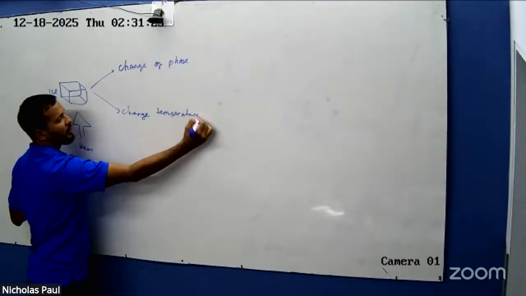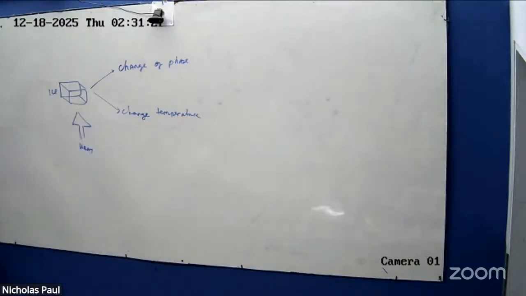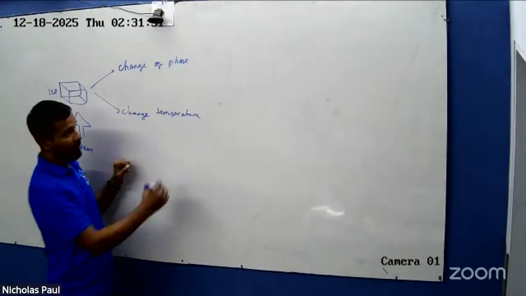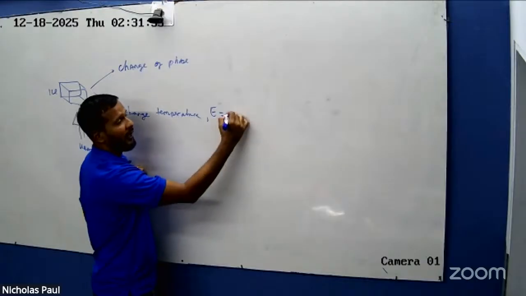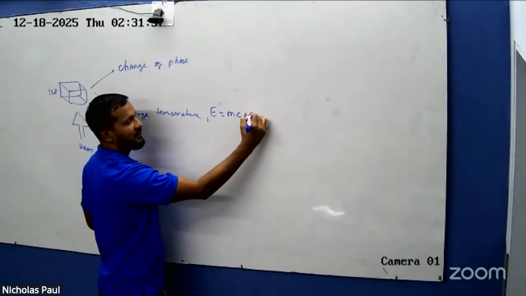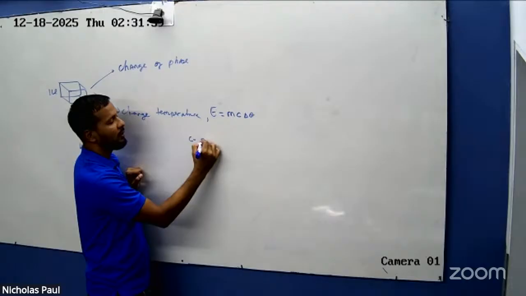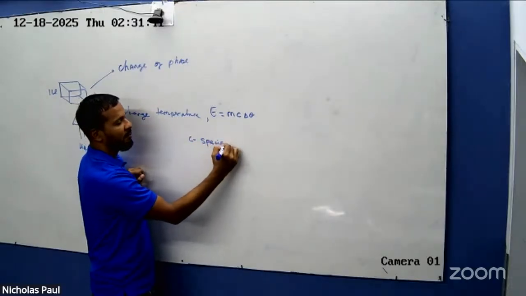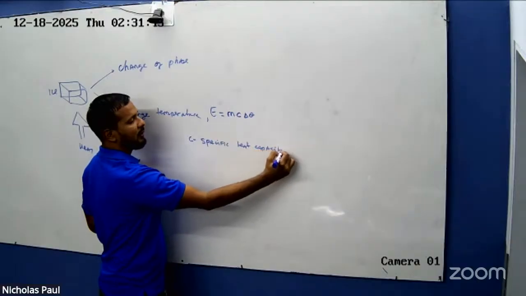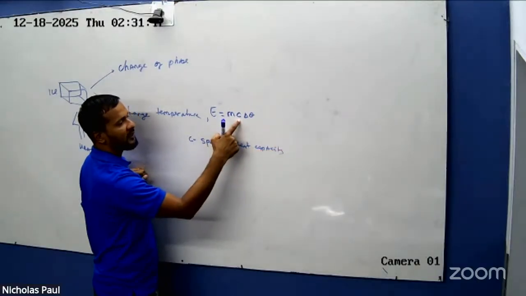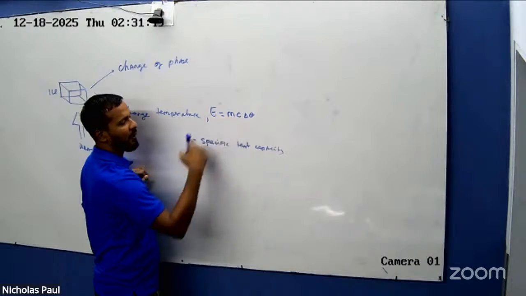In order for something to undergo a temperature change, it needs energy. Anybody remember how to find the energy? It's mcΔθ. c is your specific heat capacity, the amount of heat required to change the temperature of a particular mass.